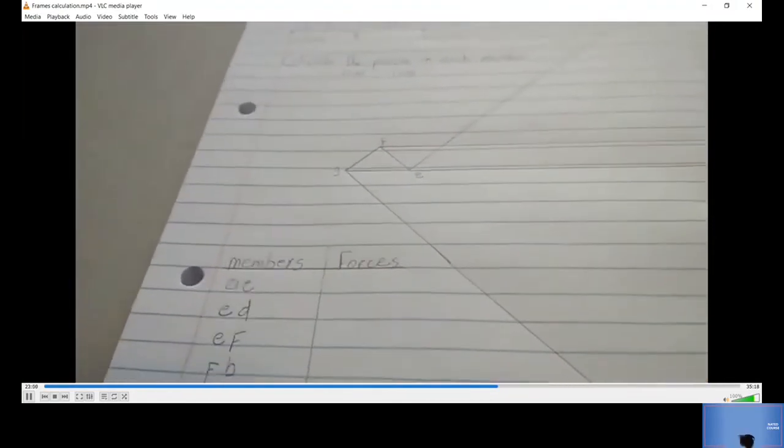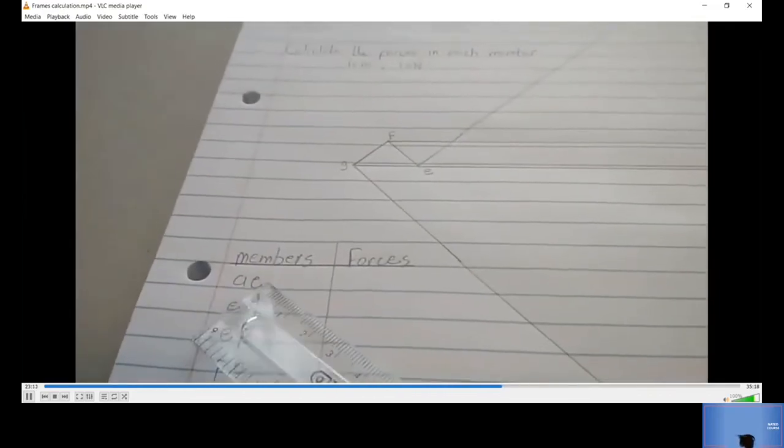So we can just draw a line just for neatness. Now to get the forces of each of the members, we need to measure from our force diagram the distance, or the centimeters, of each of the members. For example, AE, we go to the force diagram, we look for AE. So this is A up there to E down here.